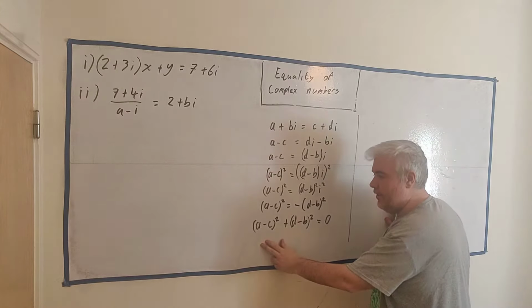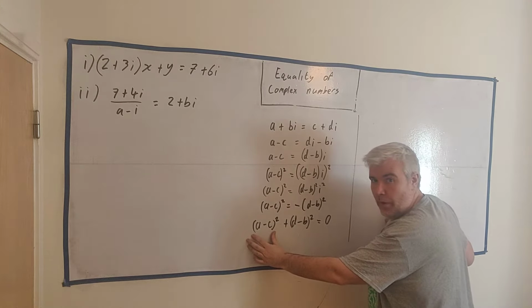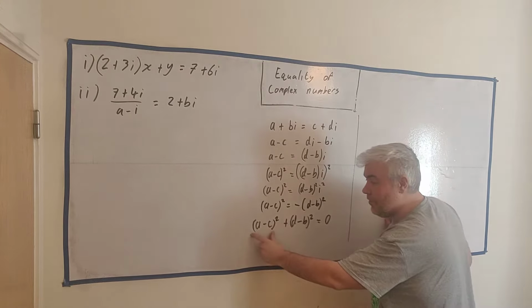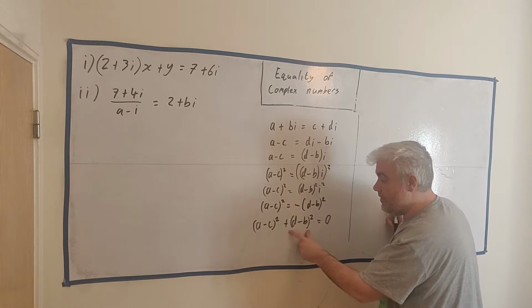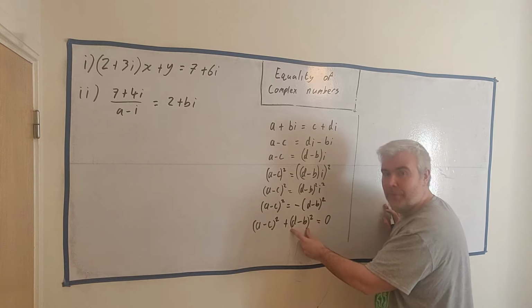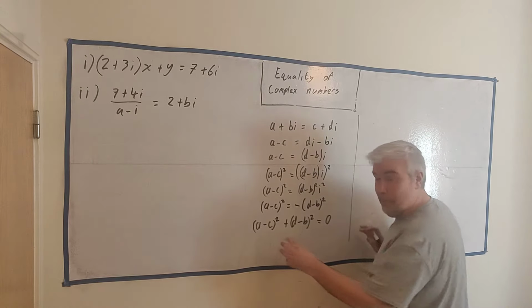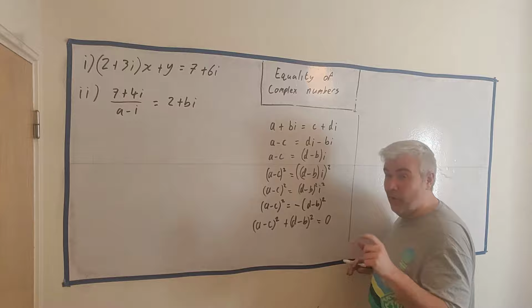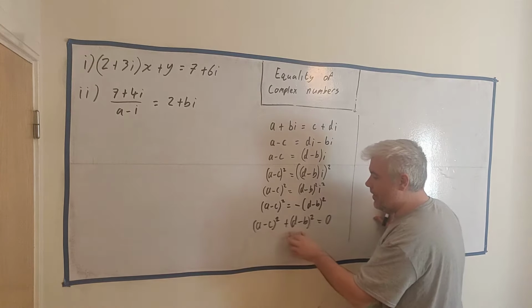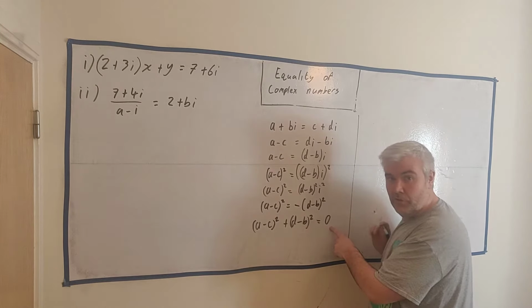So the reason here is this is a number squared. That means this must be bigger than or equal to 0. This is a number squared. That means this must be bigger than or equal to 0. So what two numbers can you think of that are both bigger than or equal to 0, that add together to get 0?